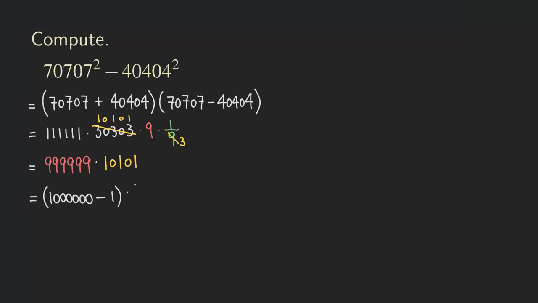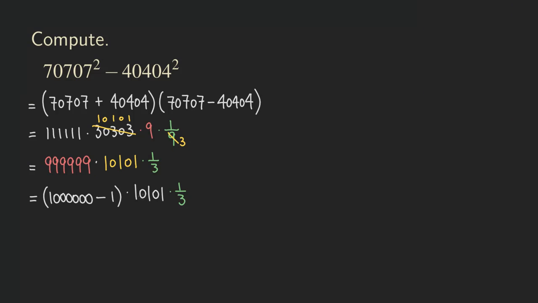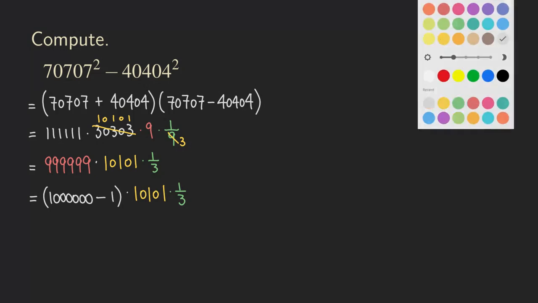And then times this 10101. And oh, I forgot the 1 over 3 right here that I still need to put there. So we're still at 1 over 3. That's why it looked strange when I was doing that step. That 1 over 3 must stay there. Okay, so this 10101. I should just keep the same color.